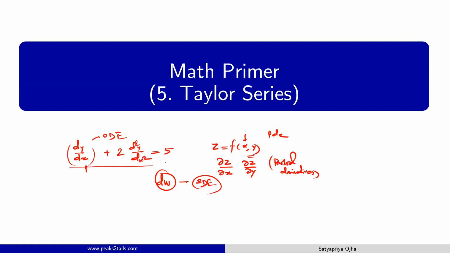Up until this, there is no randomness. It's all deterministic functions, y equal to x square or y equal to log x. Everything is deterministic. The moment one of the variables becomes random, and functions of those variables become random variables again, normal distribution kicks in, and we have a whole new branch of calculus called stochastic calculus.